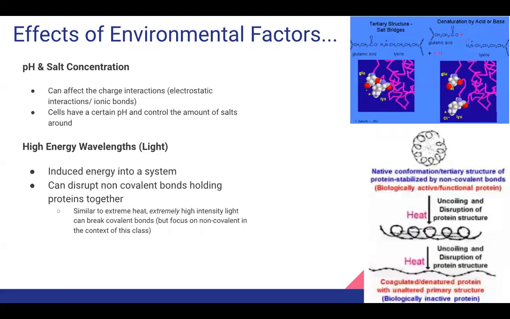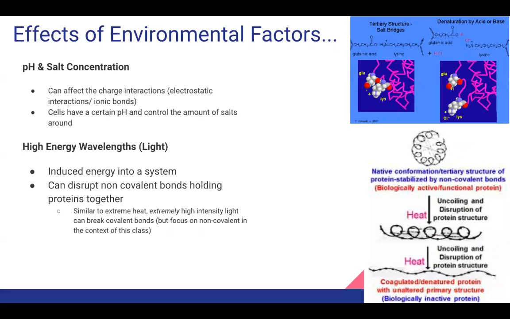Okay, and for pH and salt concentration, they affect the charge of the amino acid R groups. And if we affect the charge of the amino acid R groups, that would affect the bonding that is taking place. So let's say we have a lysine and it's making an interaction at a pH of 7.